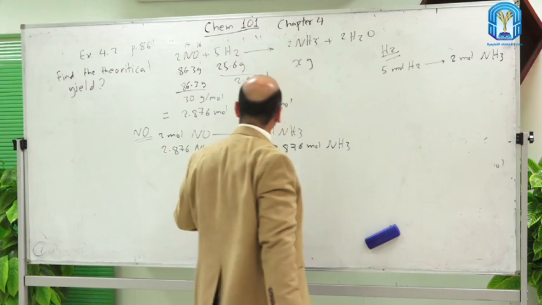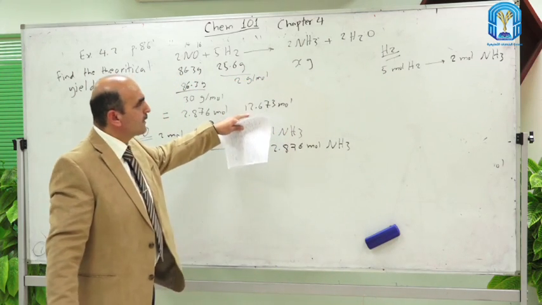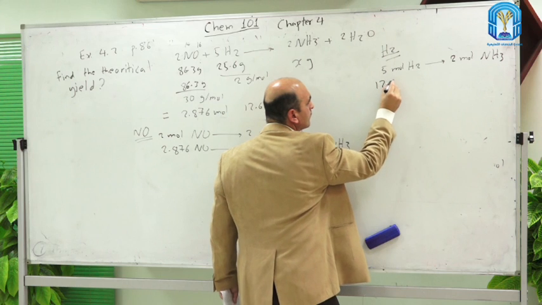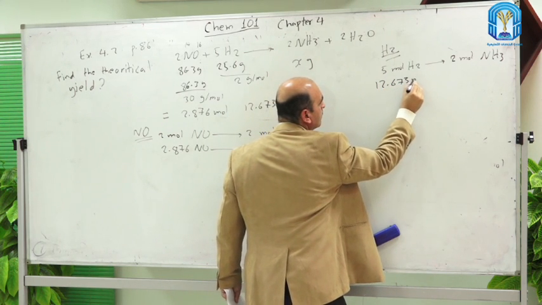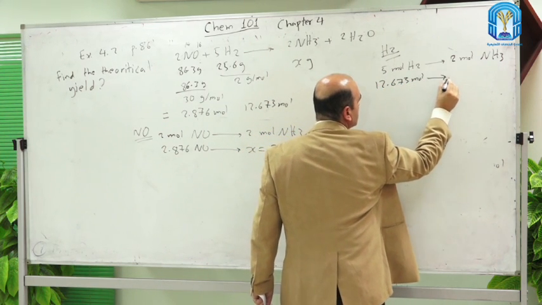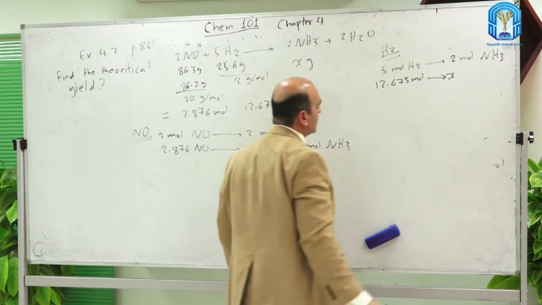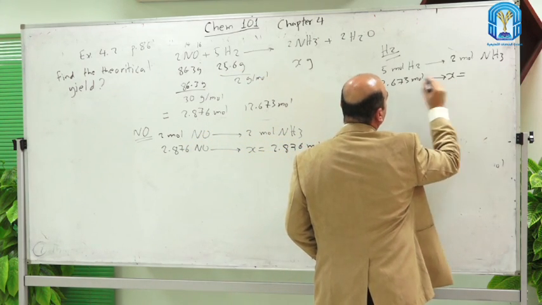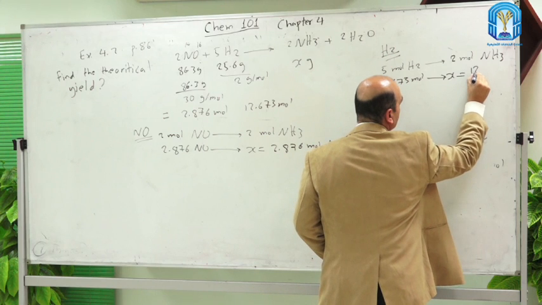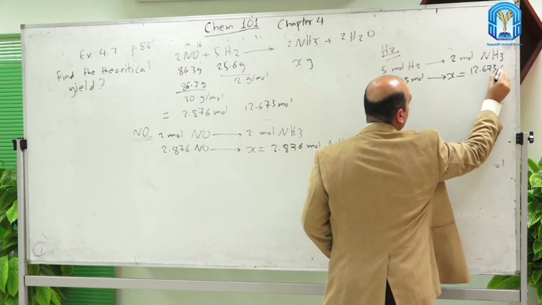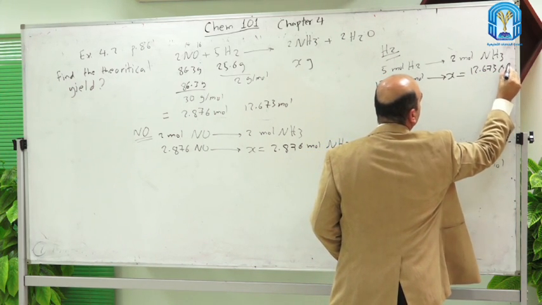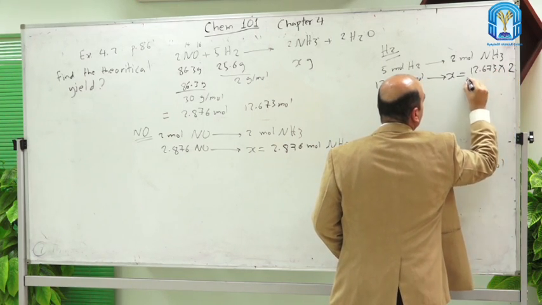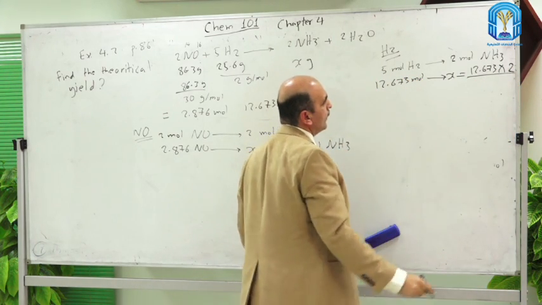But we have in the reaction 12.673 moles hydrogen, and this gives us X equals 12.673 times 2, all divided by 3.